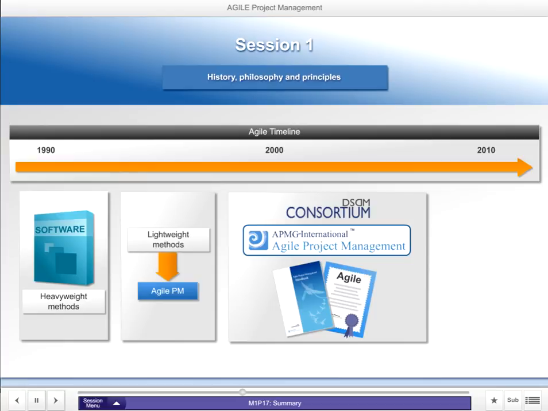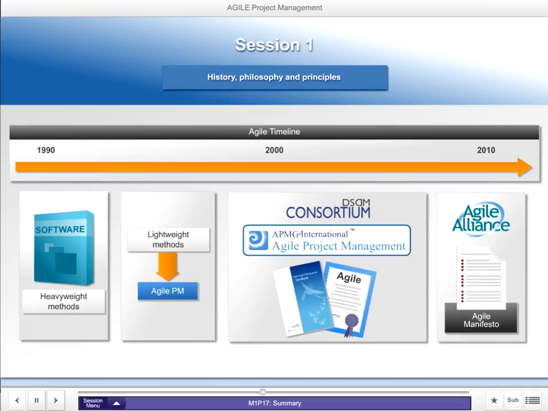We have looked at the role of the Agile Alliance and their Agile Manifesto, and how they have backed this up with 12 principles, which characterize Agile management. DSDM ATERN uses Agile principles as the basis for its own philosophy, which is focused on delivering the greatest business benefit in the shortest possible time.